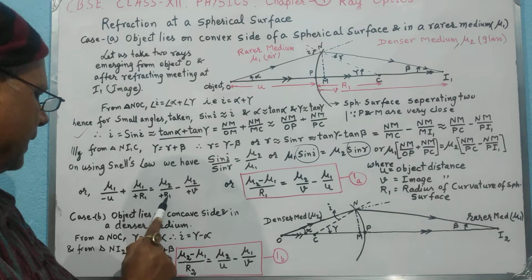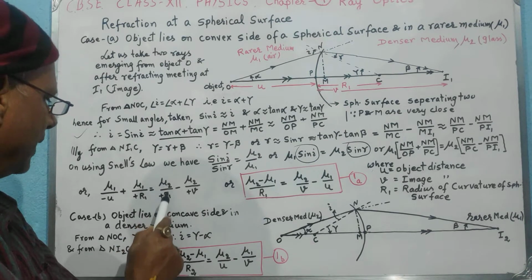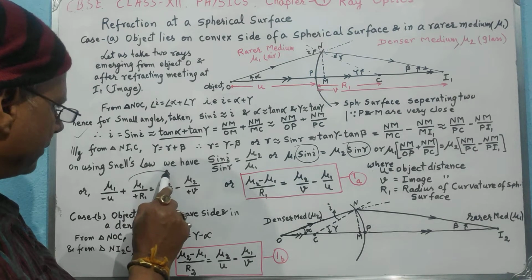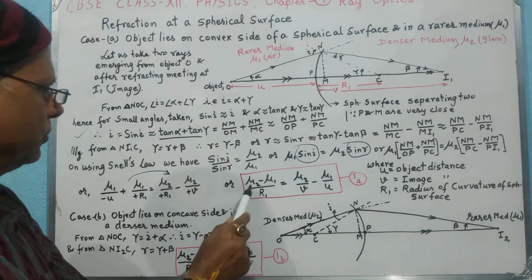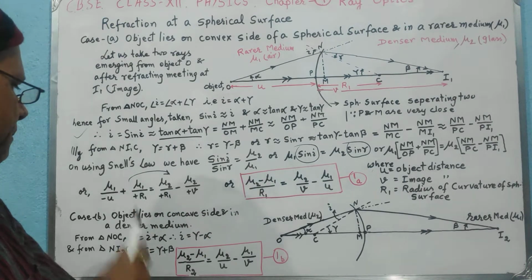Now if you place the terms carrying R1 together, mu2 by R1 is there, and when you carry this mu1 by R1 to the right hand side, you get mu2 minus mu1 divided by R1.